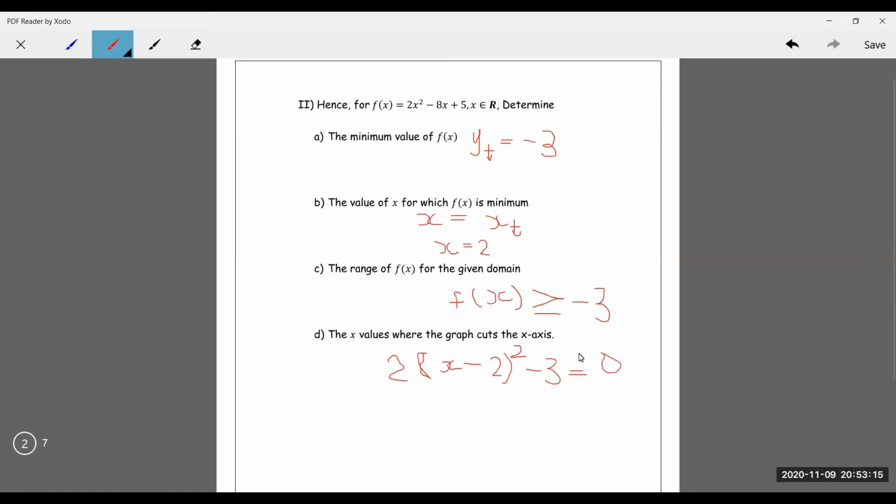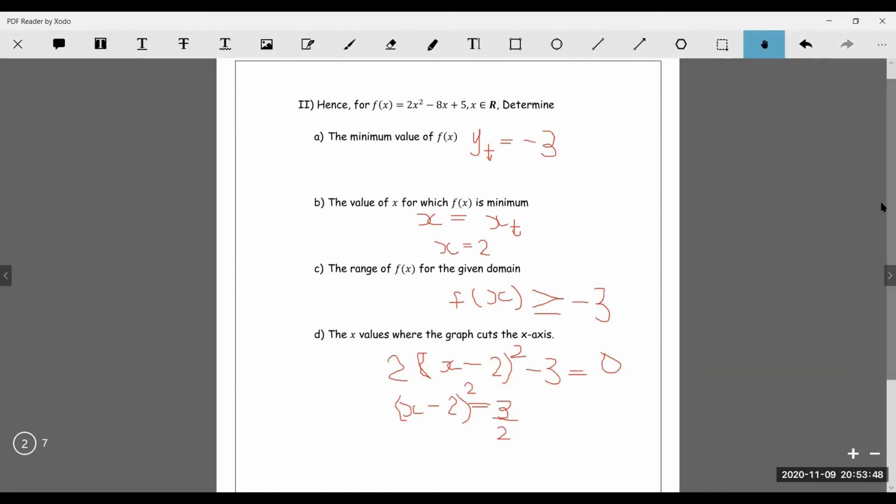So if we were to bring over the 3 and divide by 2, what we're solving is (x minus 2) all squared. I'm doing 2 steps in one: I bring over the 3 to get positive 3, and then I divide by 2. So that gives me (x minus 2) all squared is equal to 3 over 2.